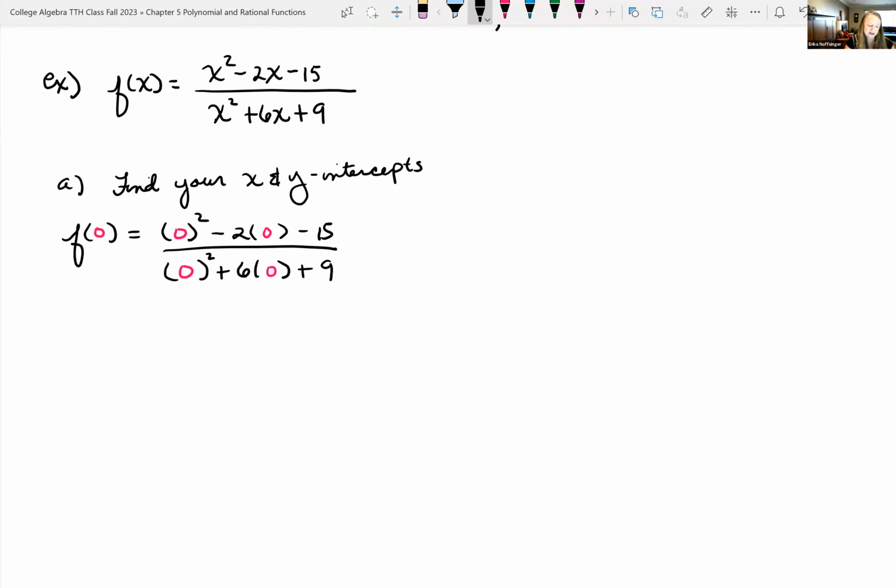Well, 0 squared minus 2 times 0, that's 0, minus 15 is negative 15, all over 0 squared plus 6 times 0 is 0, plus 9 is 9. I notice that 15 and 9 both have 3 in common, so I can reduce this. 3 goes into negative 15 negative 5 times, and 3 goes into 9 3 times. So I have a y-intercept at the point 0, negative 5/3.